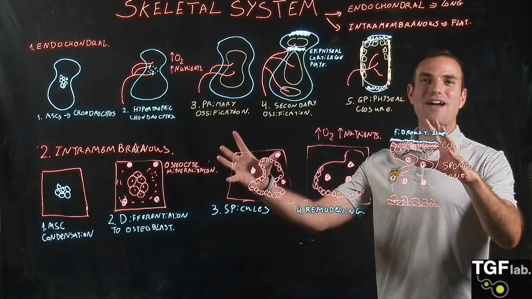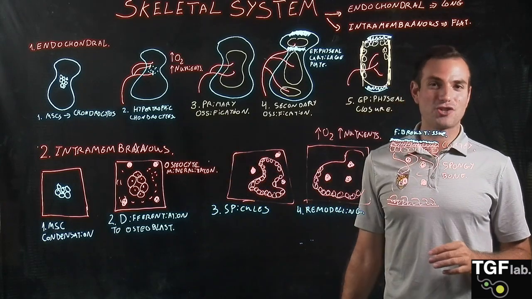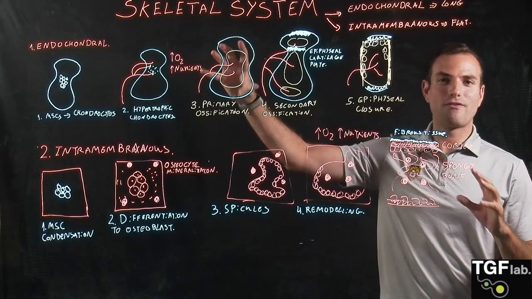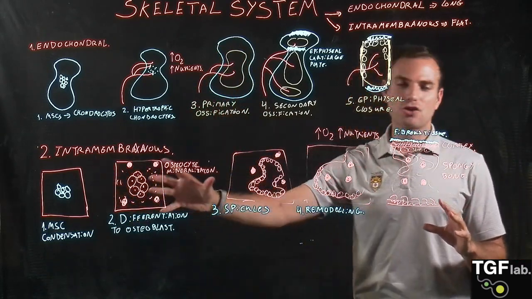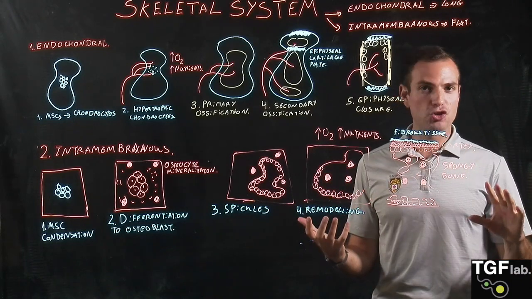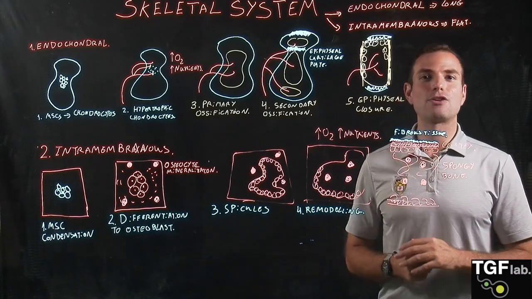And now in this final part, we have seen the process of endochondral ossification and intramembranous ossification. Really important to know that the endochondral ossification depends on the formation of a cartilage intermediary, and then the intramembranous ossification is only for flat bones and is the process by which the mesenchymal cells differentiate directly through osteogenesis into the bone cells.